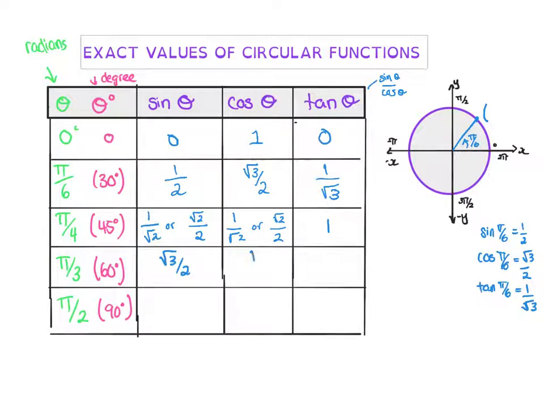Cos pi on 3 is a half, and tan pi on 3 is square root 3. And then if we do pi on 2, sine pi on 2 is 1, which we know is up here on our unit circle. So pi on 2 is 1, cos is 0, and tan is undefined.